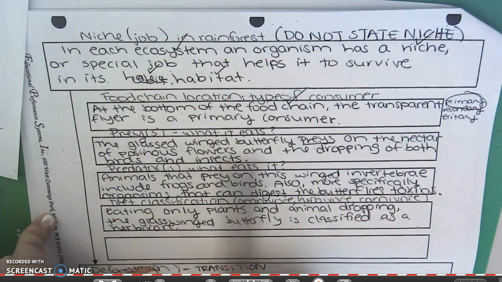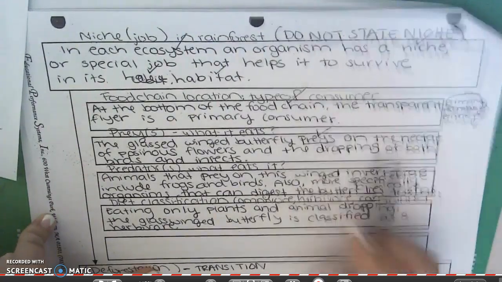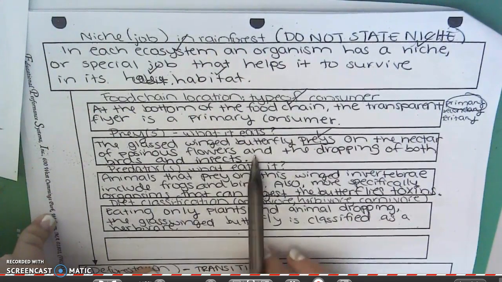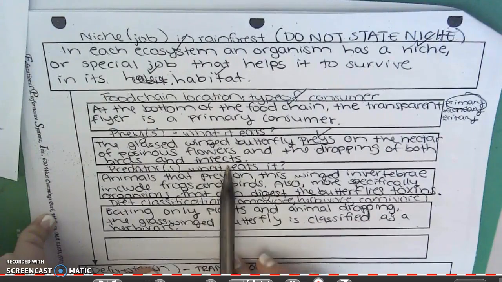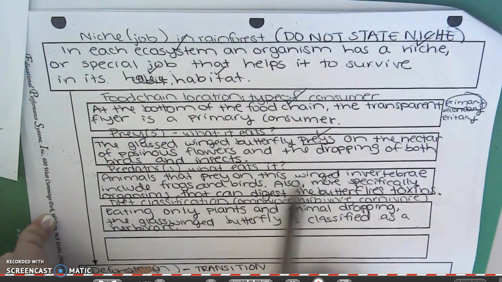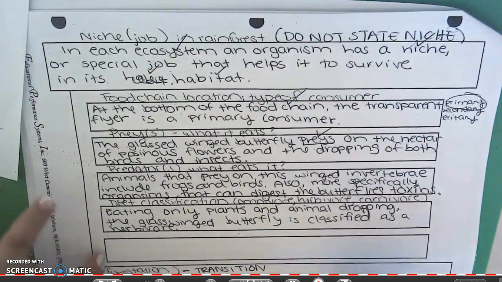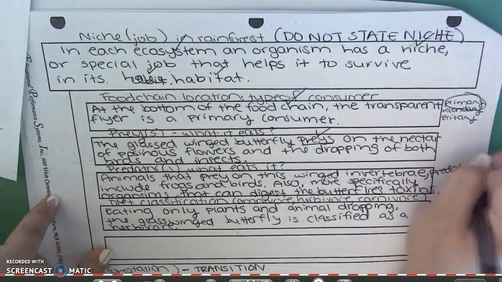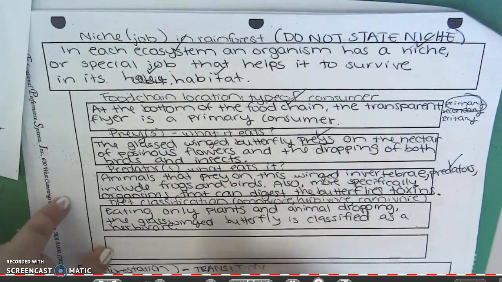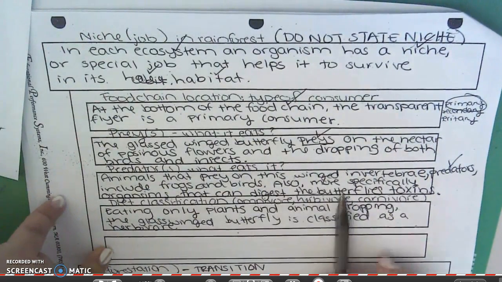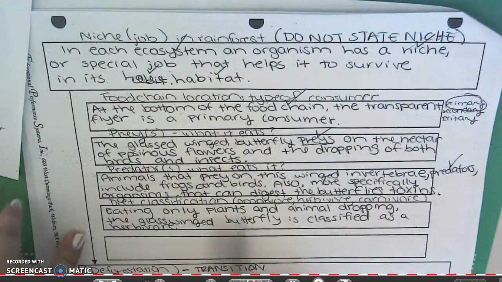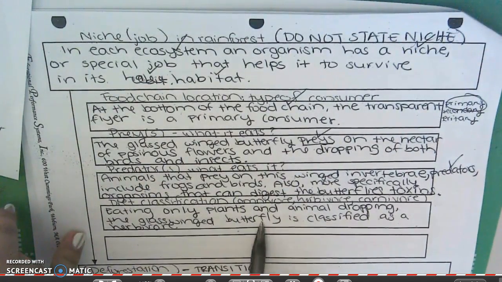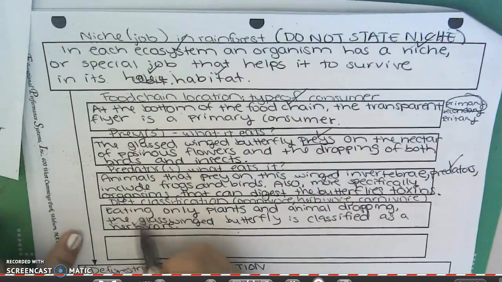The glass-winged butterfly preys on the nectar of poisonous flowers and the droppings of both birds and insects. Animals that prey on the winged invertebrate, comma, predators, comma, include frogs and birds. Also, more specifically, organisms that can digest the butterfly's toxins. Eating only plants and animal droppings, the glass-winged butterfly is classified as an herbivore. Excellent. So I have all my words in there that I need.